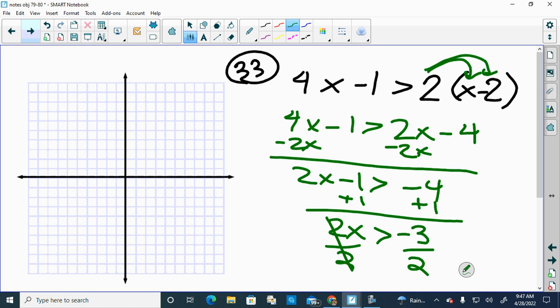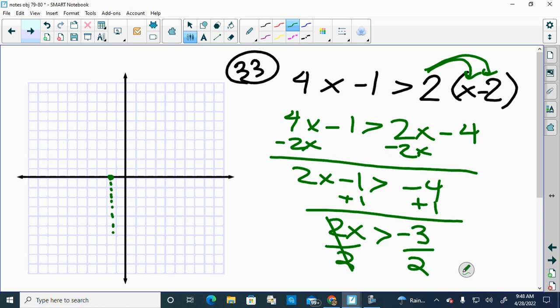Okay, so it's a vertical line again, but I need to know kind of where that's at, because that's not the rise and the run. So a negative 3 over 2, if I were to change that to an approximate whole number, that would be what? Right. Okay, so we're going to the negative direction over 1.5, which again, I know you don't have lines on your paper, just rough sketch it. Solid or dashed line?